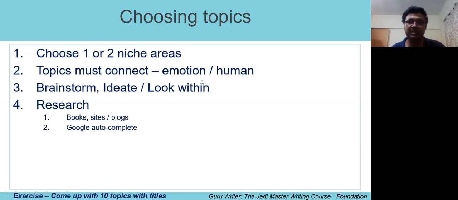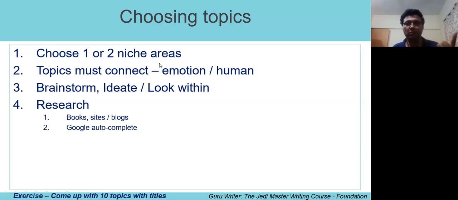So as a simple exercise, either in the chat box or in your notebooks, I would like you to select both the niche and a set of topics that you feel are relevant, or that is going to be the topic of your next speech. So let's do this as an exercise now. Write down a couple of topics with those titles and put them in the chat window.